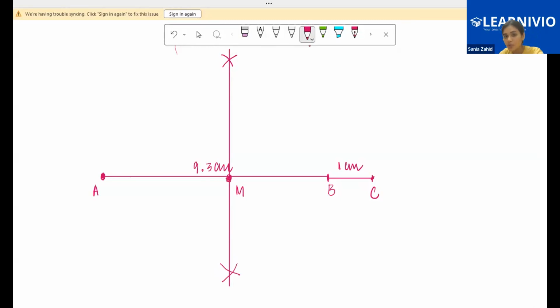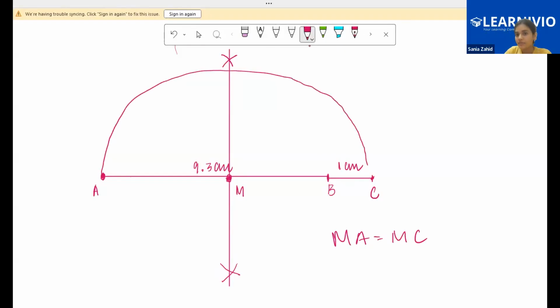Children, now MA should be equal to MC, right? Because that is why M is the midpoint. So either you take the radius as MA or MC, and now you draw a semicircle.